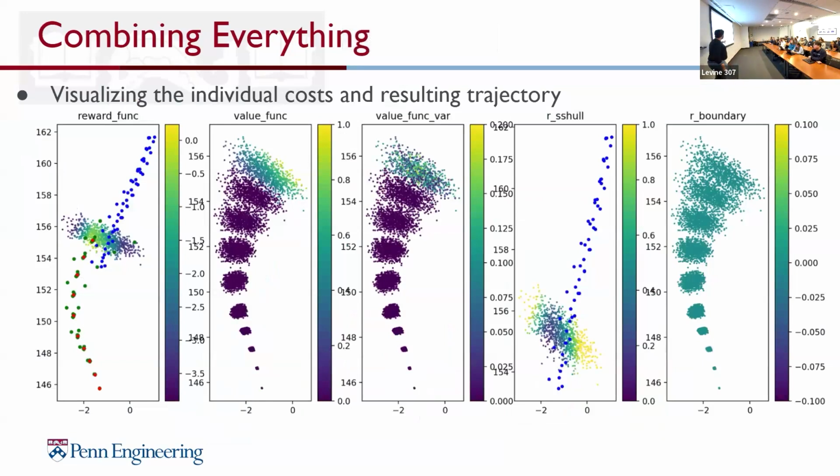For all of those trajectories, we evaluate the value function only at the terminal state, because that's the terminal cost that we're evaluating. And we feed that through the normalizing flow in parallel. So we take all of the terminal states, feed them through the normalizing flow, and we get both the mean of the predictions as well as some uncertainty from that normalizing flow. So that's primarily how we're using it.